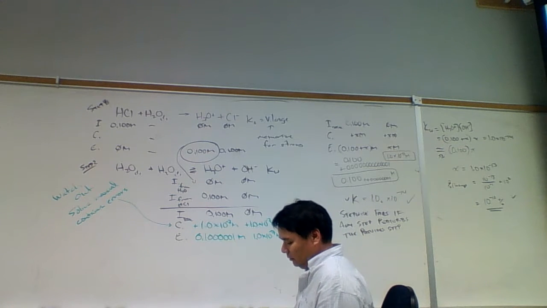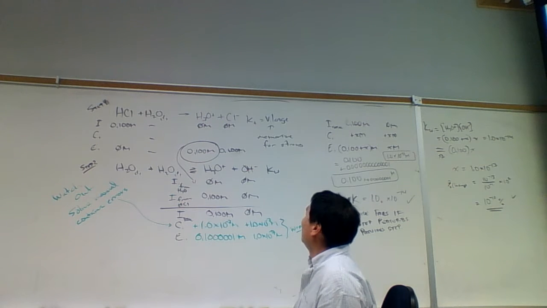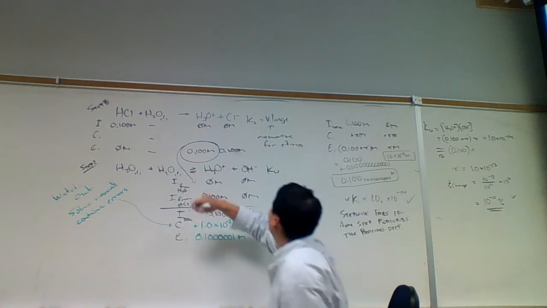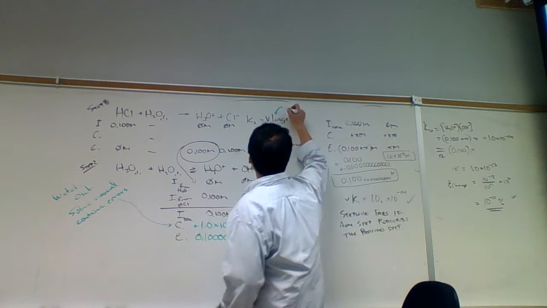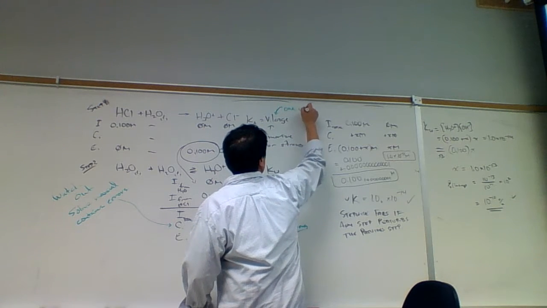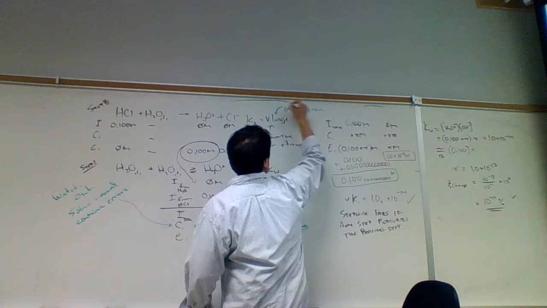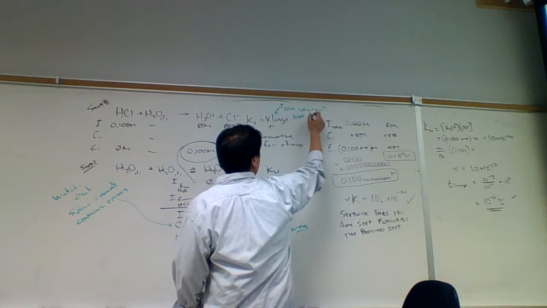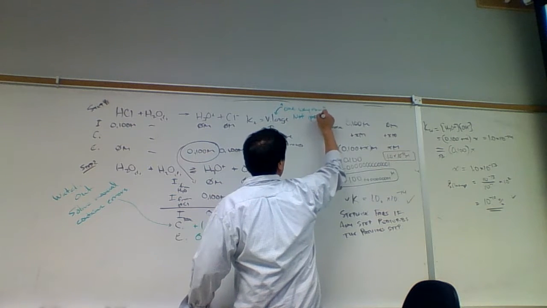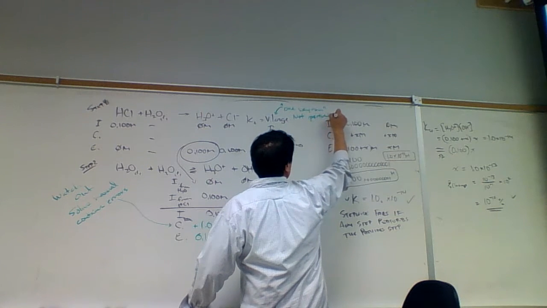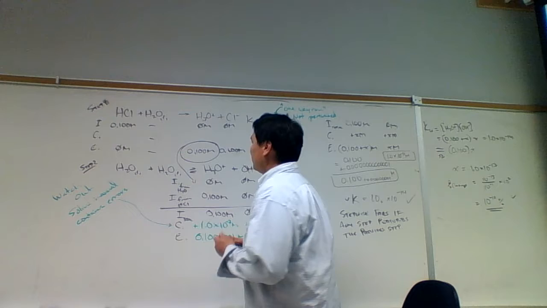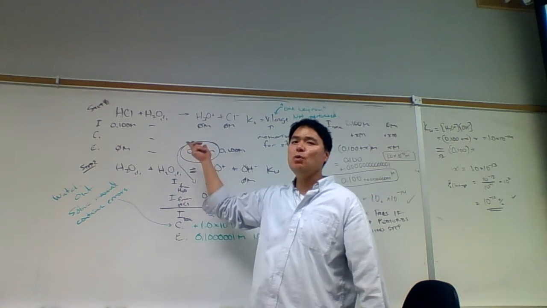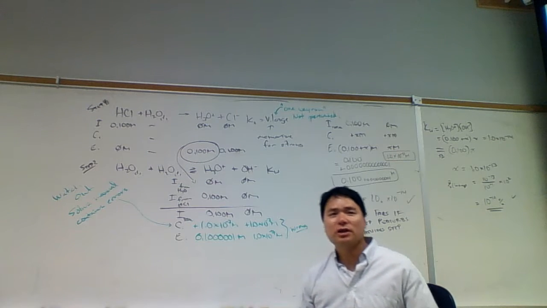But in this case, I don't have to worry about it because of one. Whenever we have a K that's very large, this is a one-way reaction. This is not perturbed by Le Chatelier's principle. So what I could do is I could double it. For example, if I went from 0.100 to 0.200, it's not going to shift.